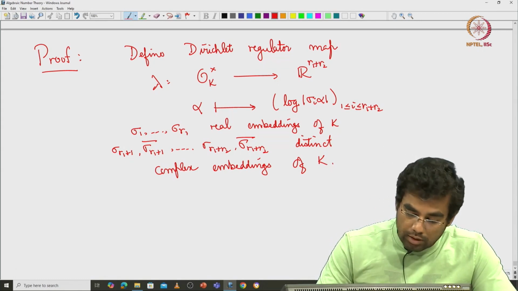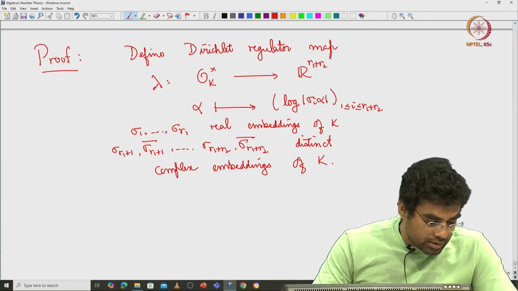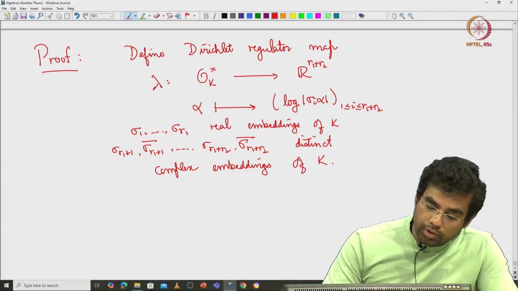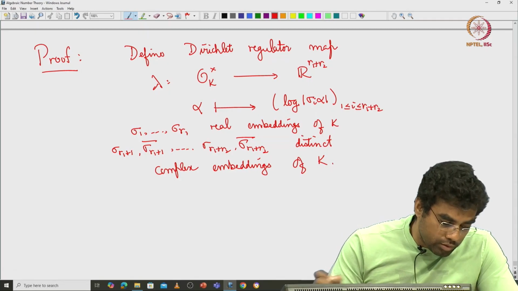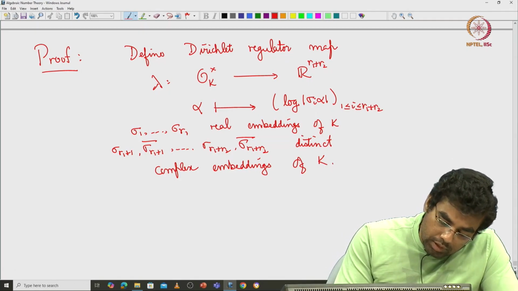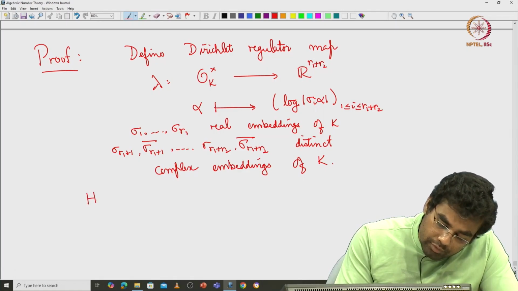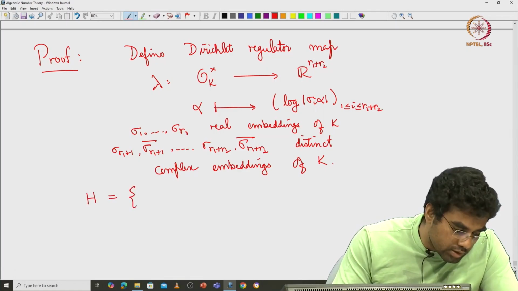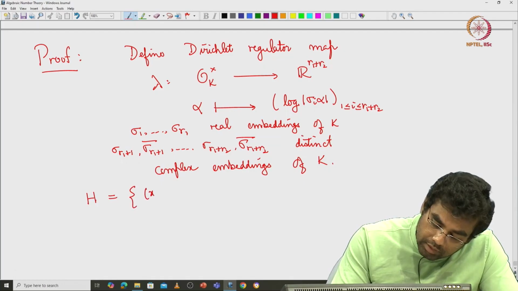Now, as is usual, we are going to prove this in many steps. What I do is first I define H to be a certain subset of R to the power R1 plus R2.